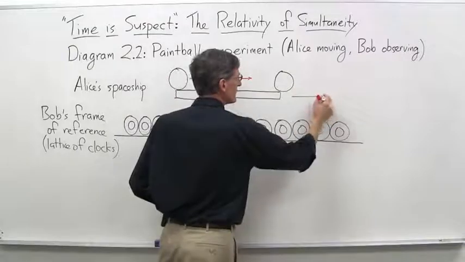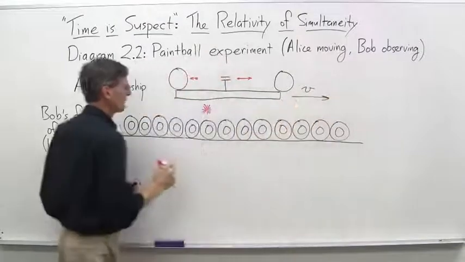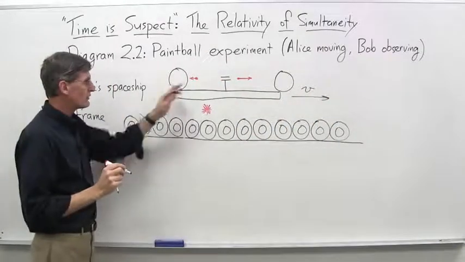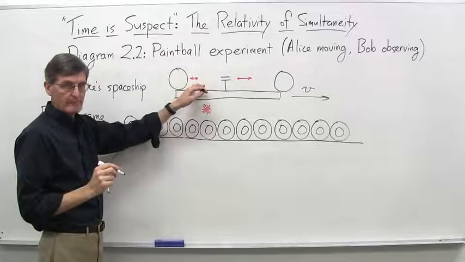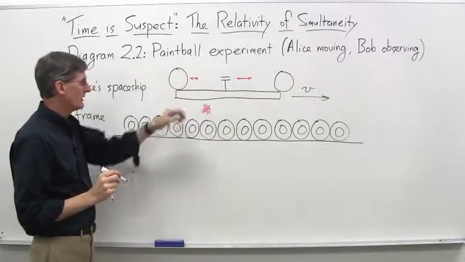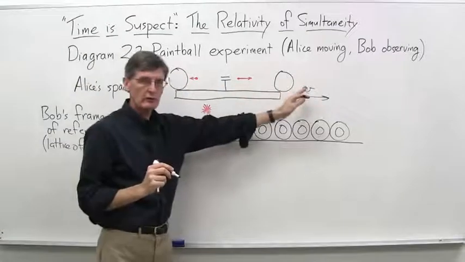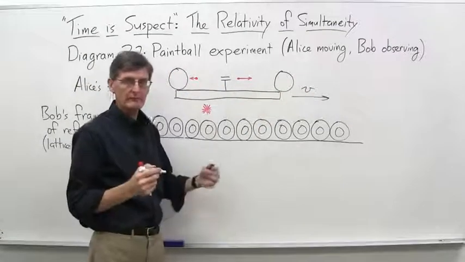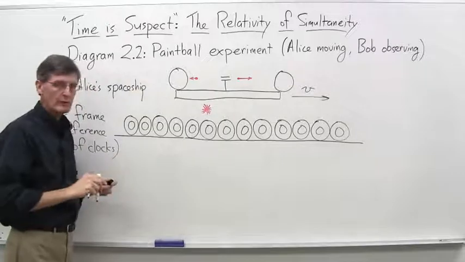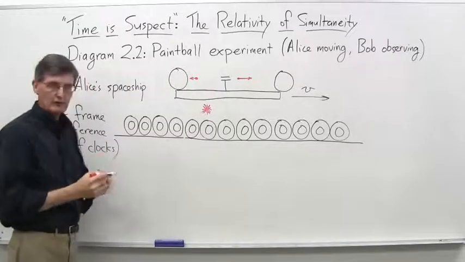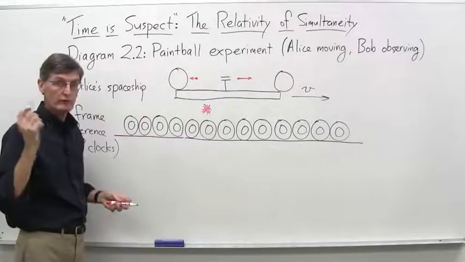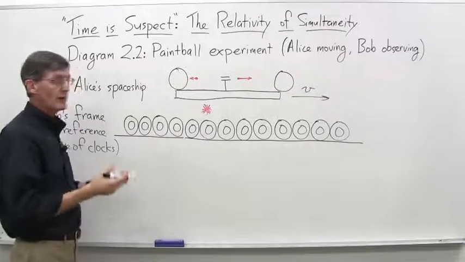Remember, it's traveling with velocity v in that direction. This end is traveling towards this paintball. So we might expect that this paintball will hit first, and that paintball has a far longer way to go to catch up to that clock, might hit second. But we have to remember for regular objects like paintballs, or if you're throwing a ball, the velocities add.